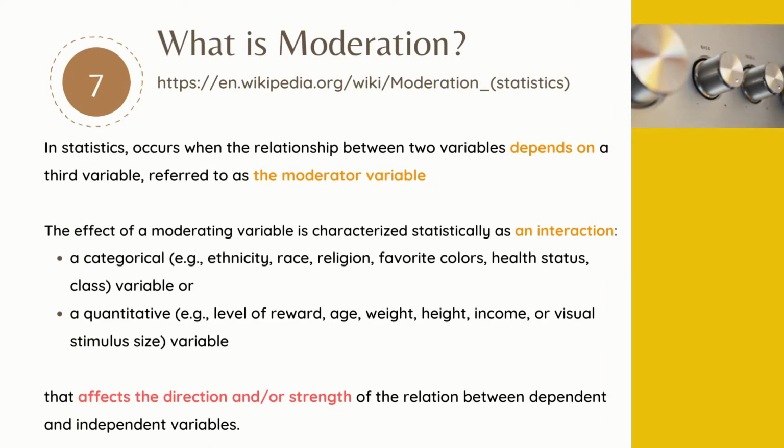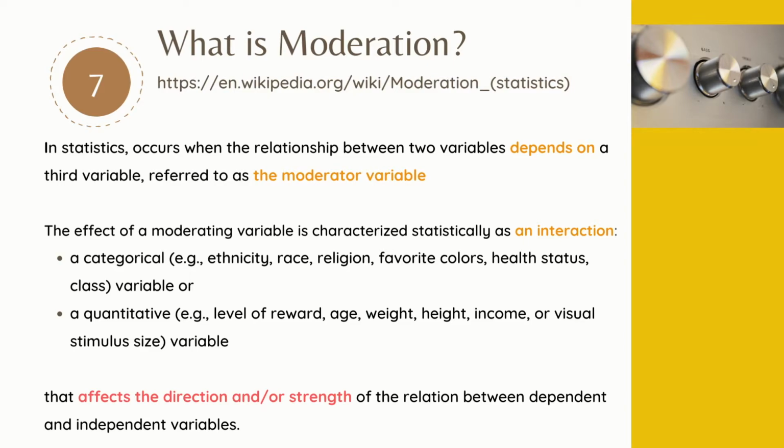Now let's move on to moderation. In statistics, it occurs when the relationship between two variables depends on a third variable referred to as the moderator variable. The effect of the moderating variable is characterized statistically as an interaction, which can be categorical or quantitative.